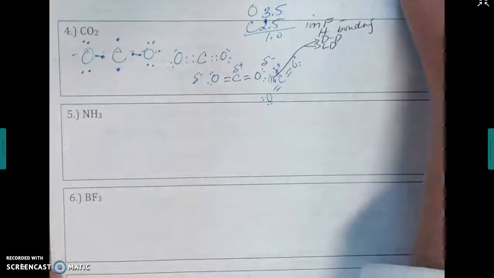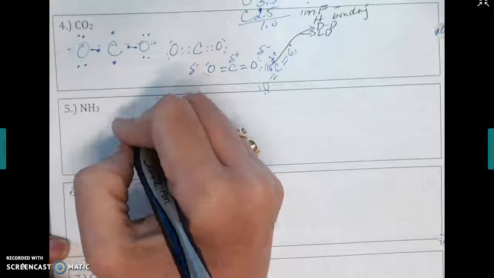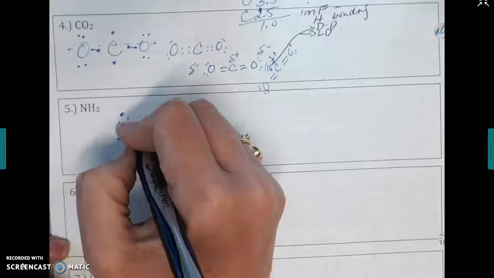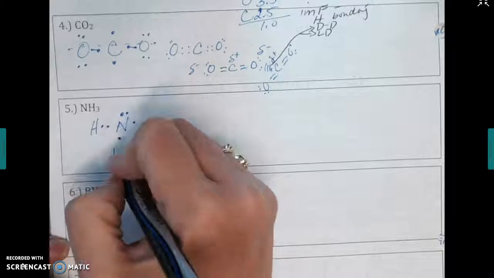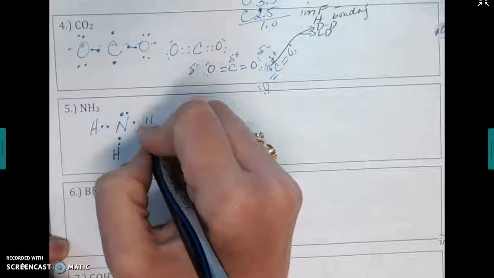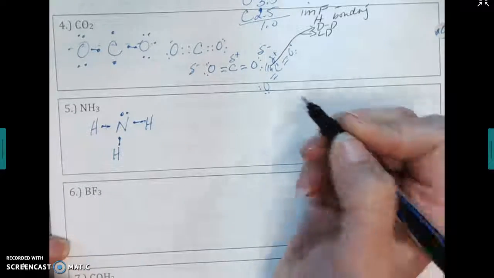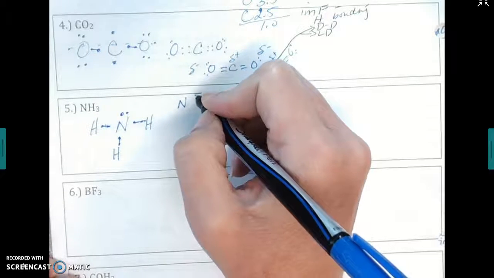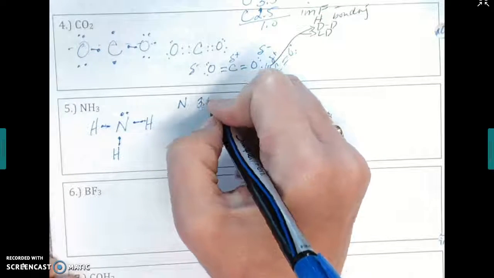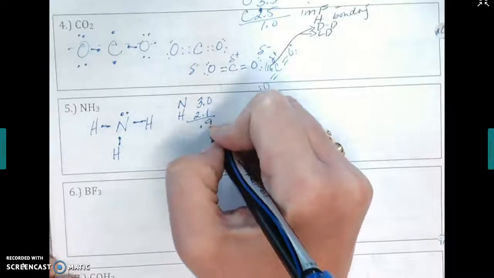Questions on that? No. Okay, ammonia. Ammonia has 5 valence electrons. So then we're going to place the hydrogens around it. So these share, these share, and these share. The electronegativity of nitrogen is 3.0 and hydrogen is 2.1 for a difference of 0.9.